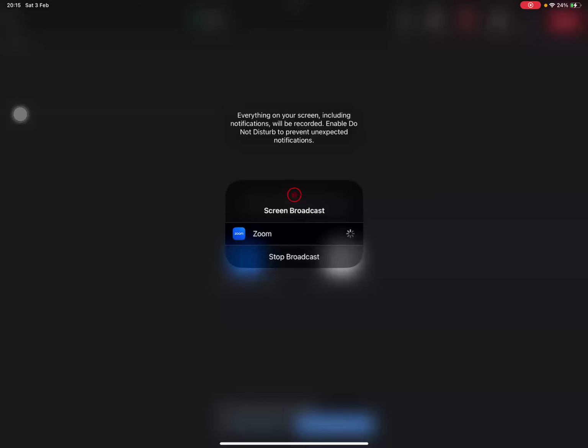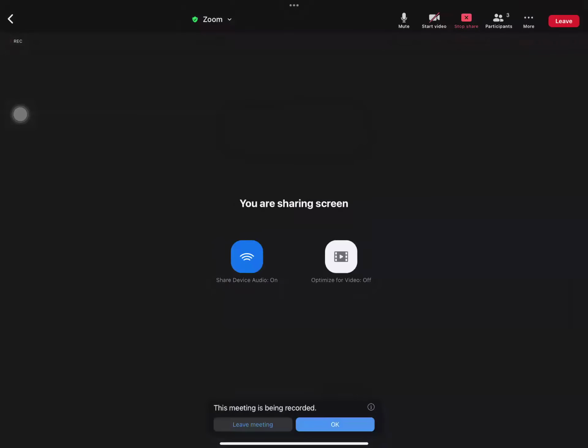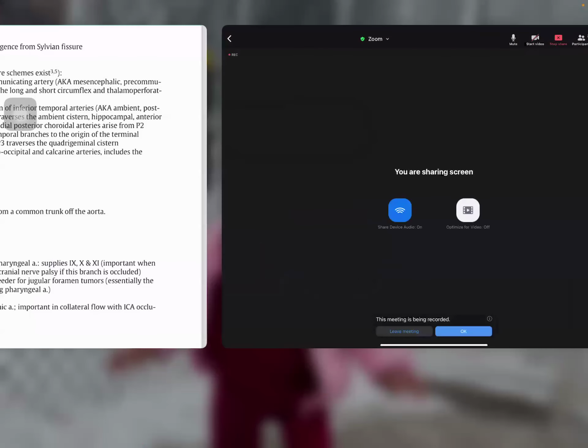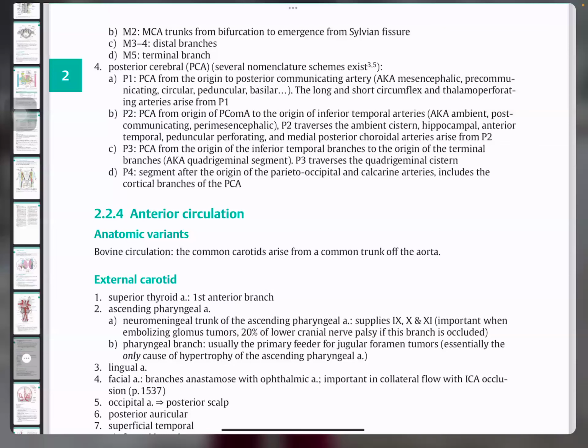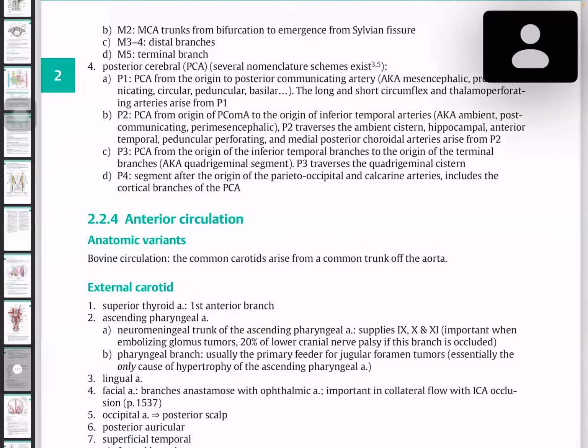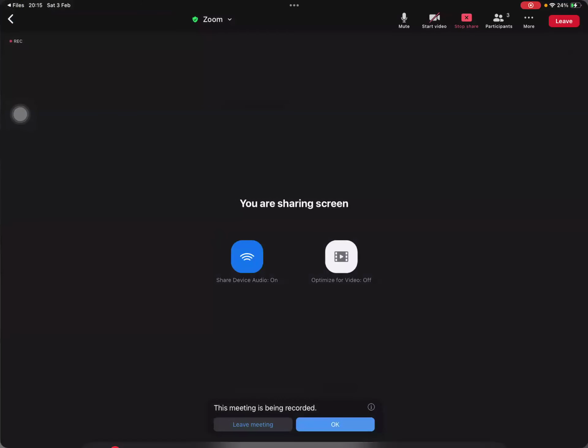Okay, screen. Start. Is this okay? Yes, great.